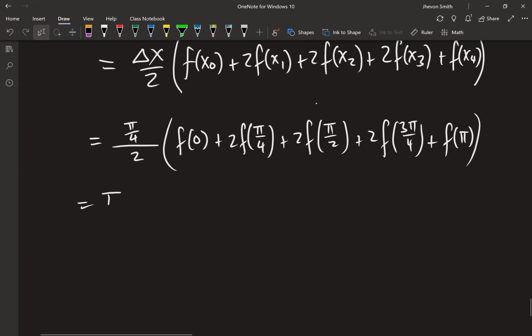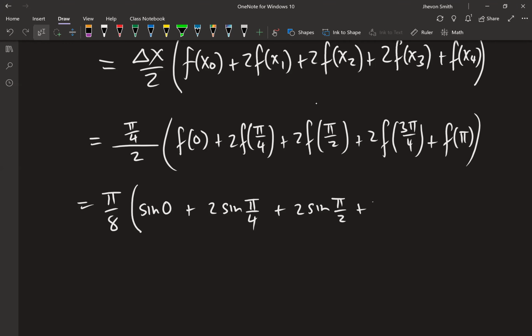So this is going to be pi over 8 times sine of 0 plus 2 times sine of pi over 4 plus 2 times sine of pi over 2 plus 2 times sine of 3 pi over 4 plus sine of pi. And I do expect you guys to know what all those values are.